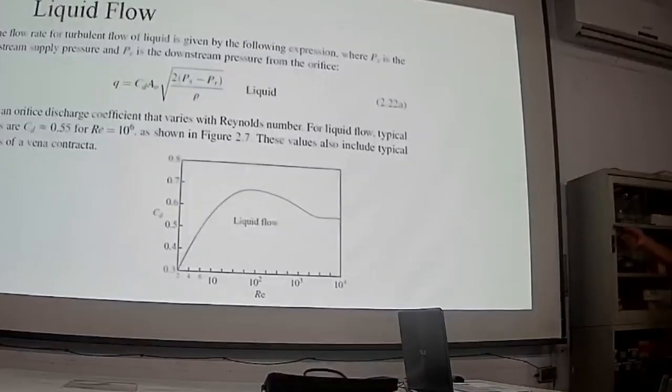Okay, so it's greater than 2,000. So this means the orifice restrictor is a turbulent flow restrictor. So its Reynolds number is what? 1 million, so it is greater than 2,000, so it is in turbulent flow. So the orifice restrictor is a turbulent flow restrictor. Okay.